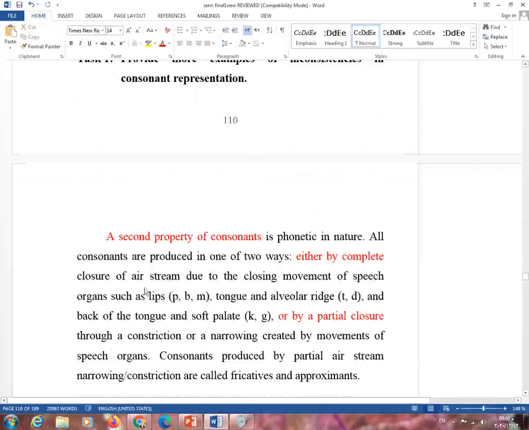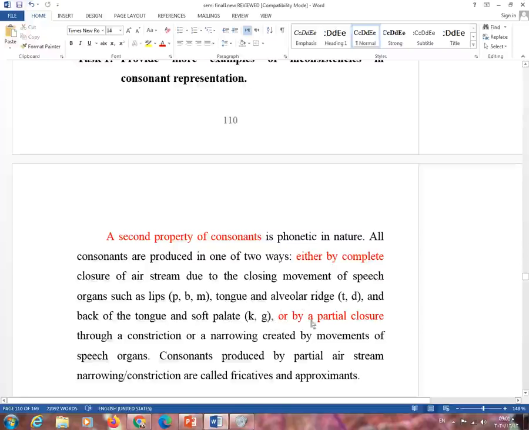Either by complete closure of the airstream due to the closing movement of speech organs such as lips, as in p, b, and m, tongue and alveolar ridge as in t and d, and back of the tongue and soft palate as in k or g. This is one way, which is complete closure of the airway.